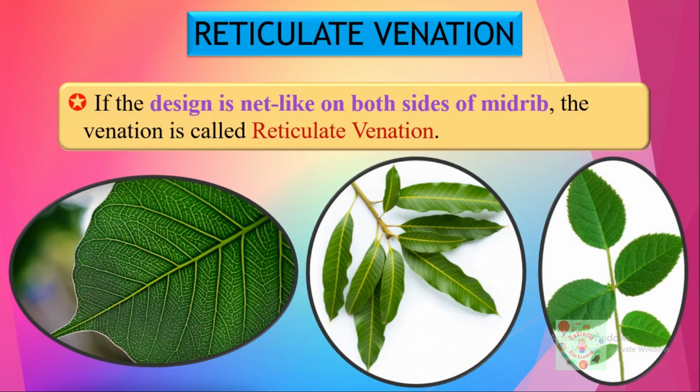If the design is net-like on both sides of the midrib, then the venation is called reticulate venation. The net-like design on both sides of the midrib. Can you see here? Yes, even here and even here. So these are called reticulate venation. Which is the next type of venation?